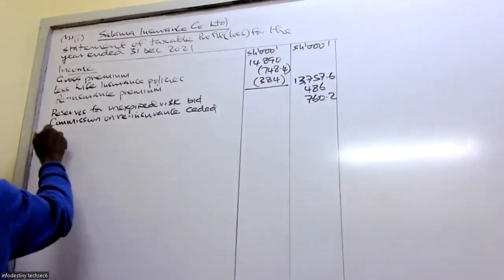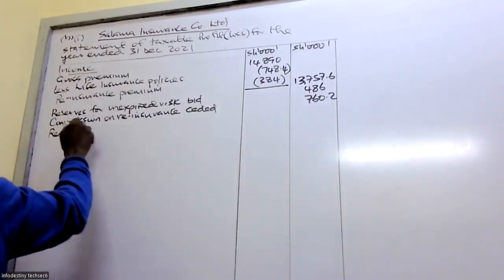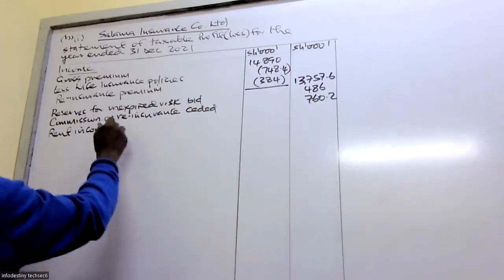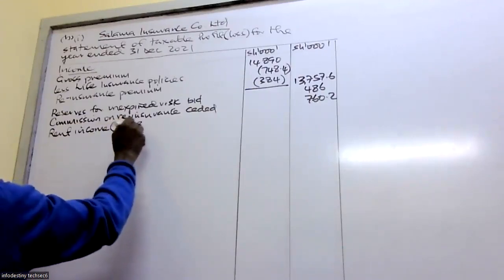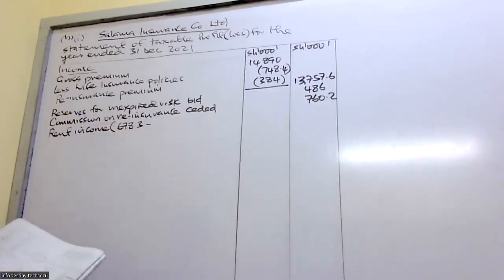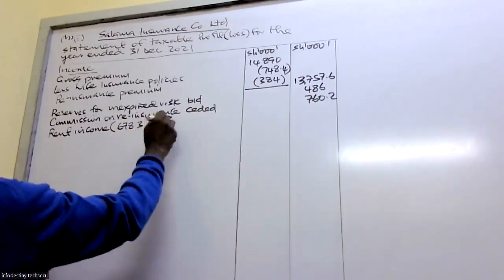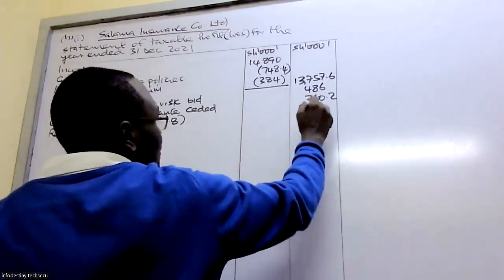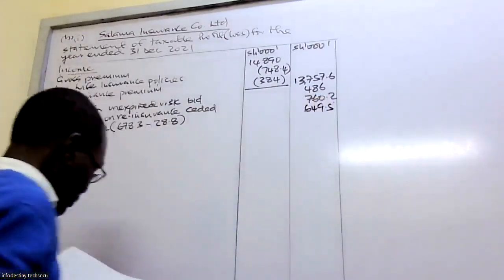So rent income you pick 678.3. You lessen repair of rented property of 28.8. So the difference is how much? 649.5.